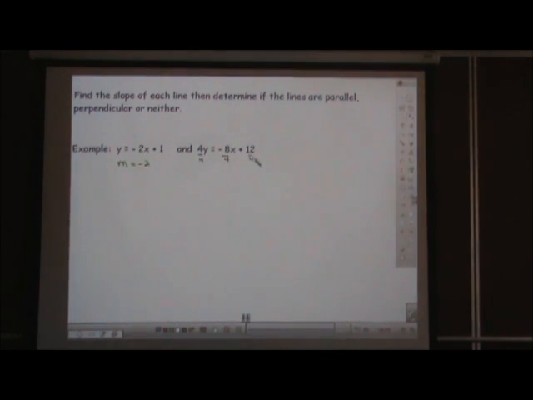As you divide everything by 4, you'll have y equals negative 2x plus 3. So as you look here, the slope of this one is negative 2. Negative 2, negative 2. Those are the same. So the word we'll use for these lines is parallel. If we graph those two, they would be parallel lines the same distance apart.